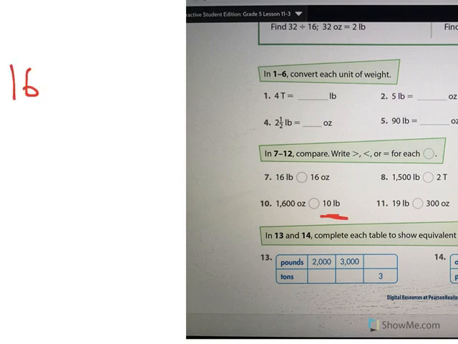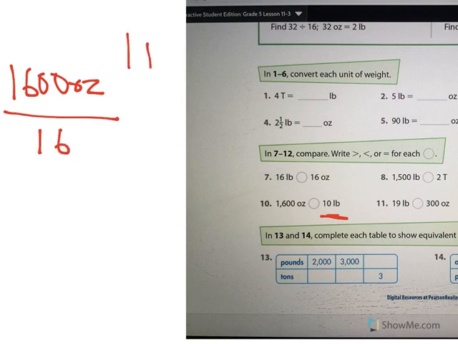So I'm going to take 1,600 ounces and I am going to divide because I am going to pounds. So I go from ounces, and if I divide by 16, and where did I get that? 1 pound equals 16 ounces. So, oops, I wrote that wrong. Let me clear that. Okay, so 1 pound equals 16 ounces.